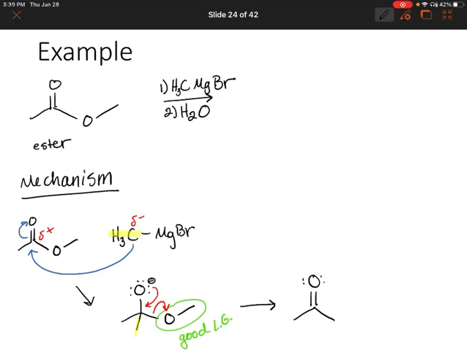So now we have acetone as one of our intermediates, as well as an alkoxide. And this is actually called the methoxide ion because we have a methyl group on a negatively charged oxygen.